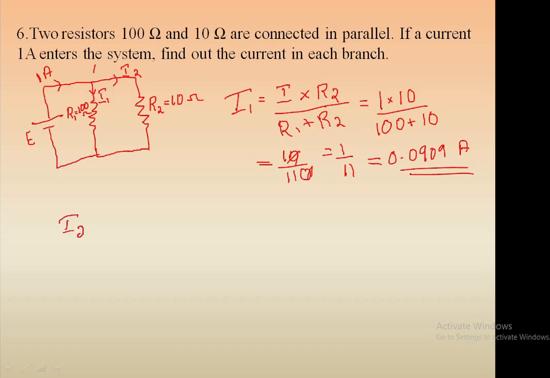Now the current through the 10 ohm resistance. Let us note it by I2, that is main current into the resistance in the other branch divided by the sum of the two resistances.